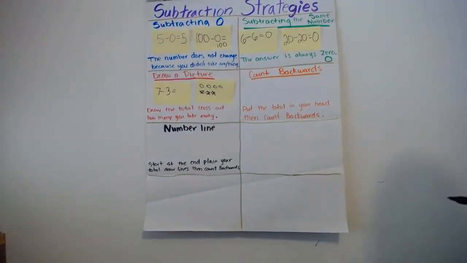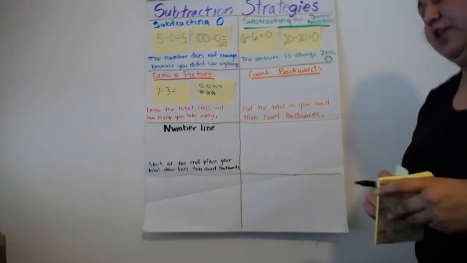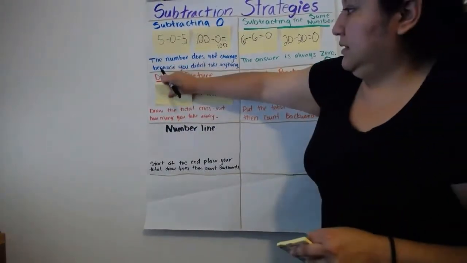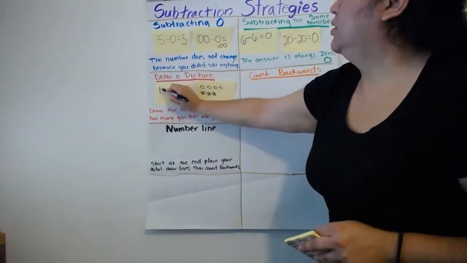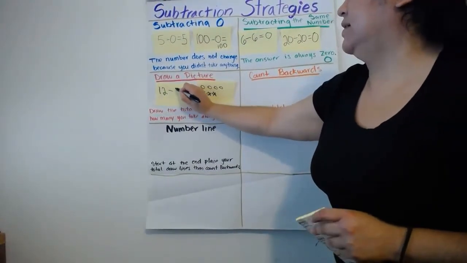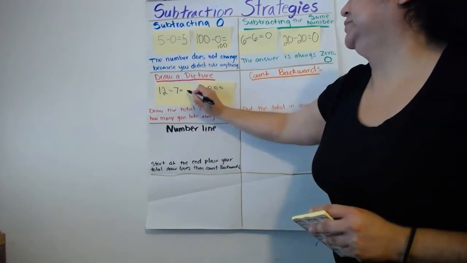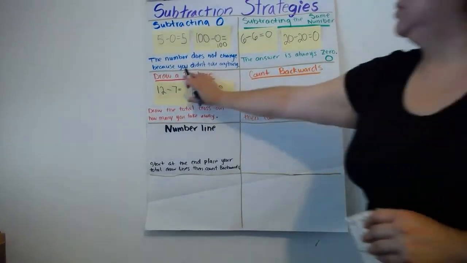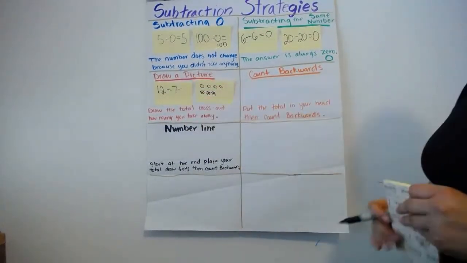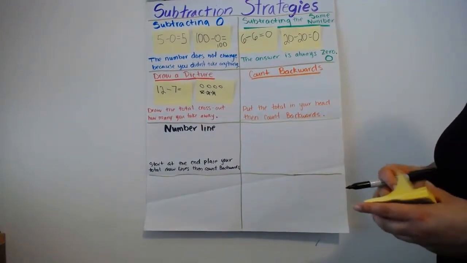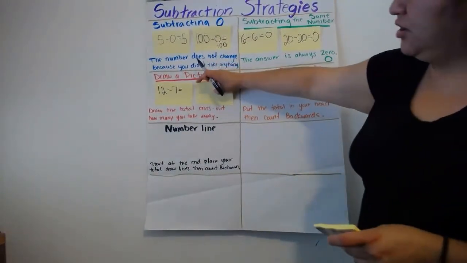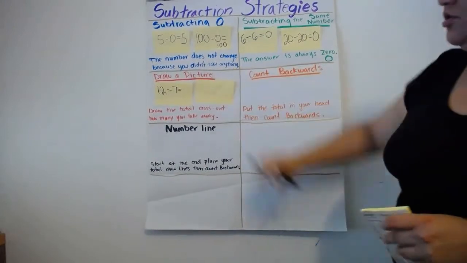The only thing about this strategy is, let's say that you have a bigger number, like 12 minus 7. You're going to have to draw the 12 circles, and it will take a little longer, but you can still use the strategy.